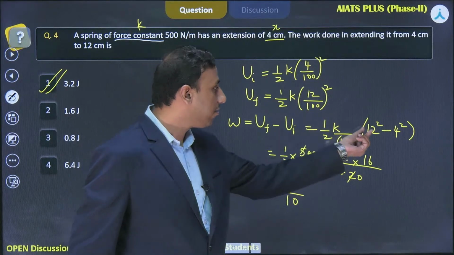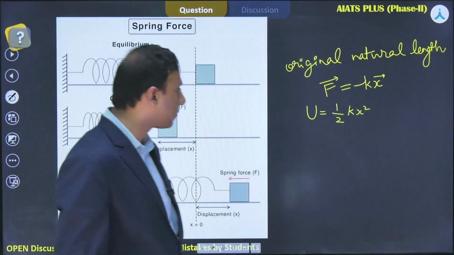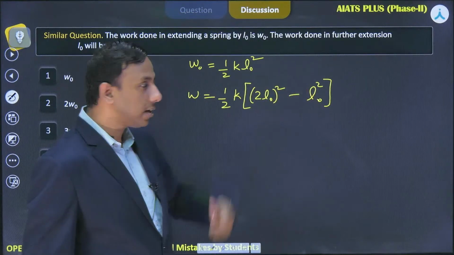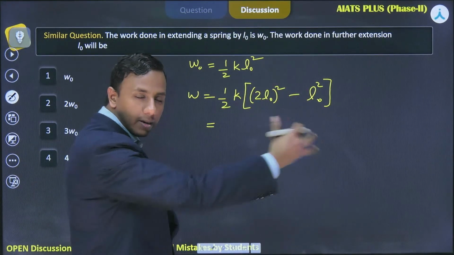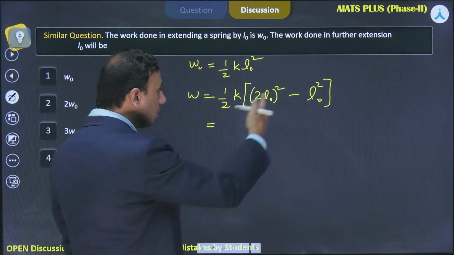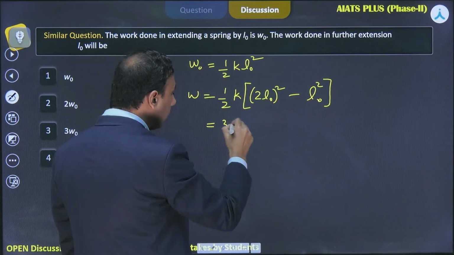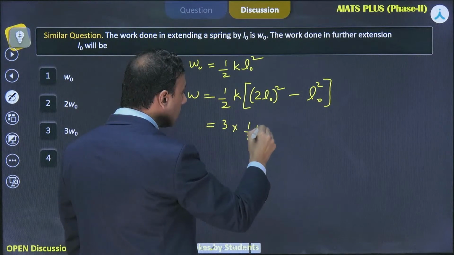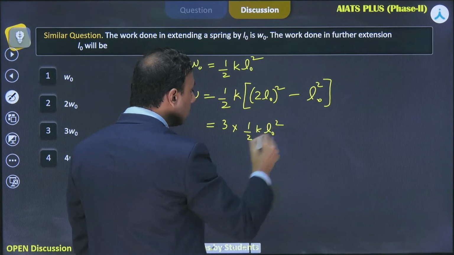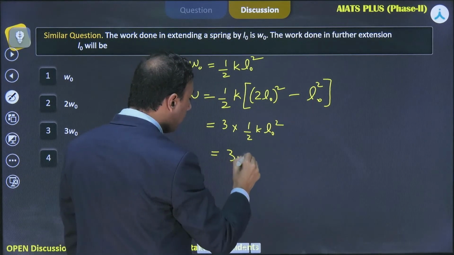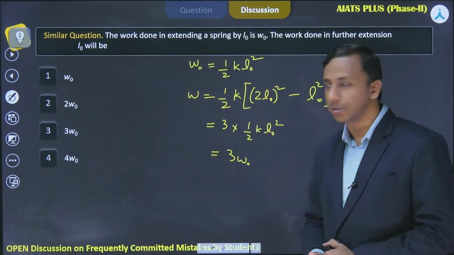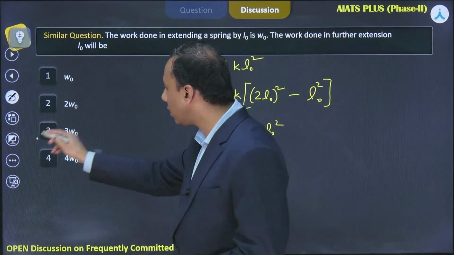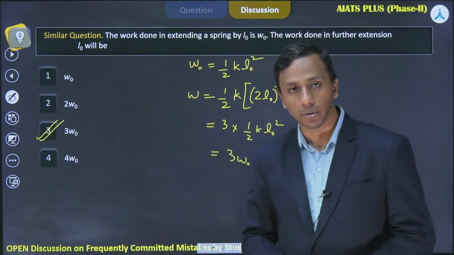Half k final square minus initial square. 2 L naught square minus L naught square, okay? This is 4 L naught square minus L naught square, 3 L naught square, right? So I can write 3 into half k L naught square, and that is nothing but 3 W naught. It was a very basic question, this one, isn't it? So the correct answer would be 3 W naught.